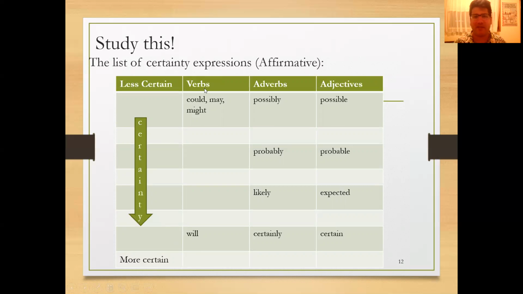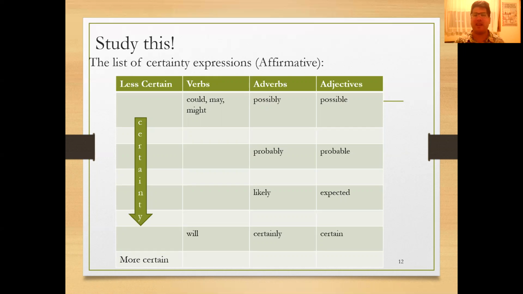Then we have the adverbs possibly, probably, likely, certainly. As we go down, we get more certain. So it's likely that it will rain. So there is a high chance of it raining, but it's not certain.